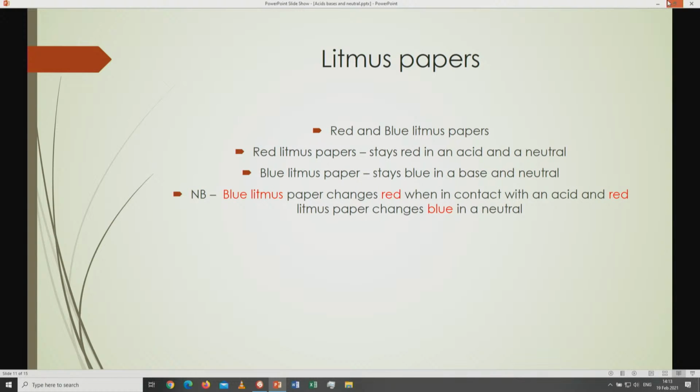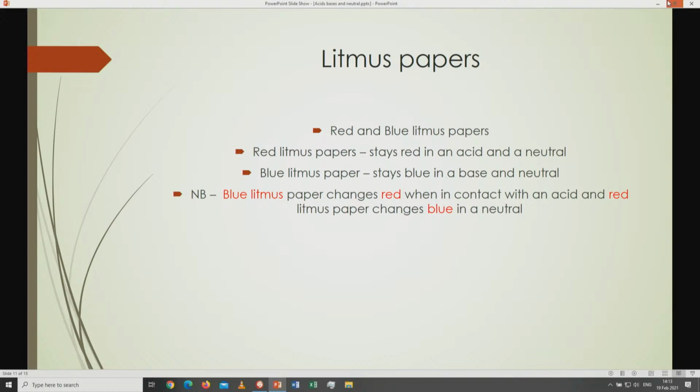Litmus papers, as I have indicated to you, we got red and blue litmus papers. Red litmus paper stays red in an acid and in a neutral substance. A blue litmus paper stays blue in a base.